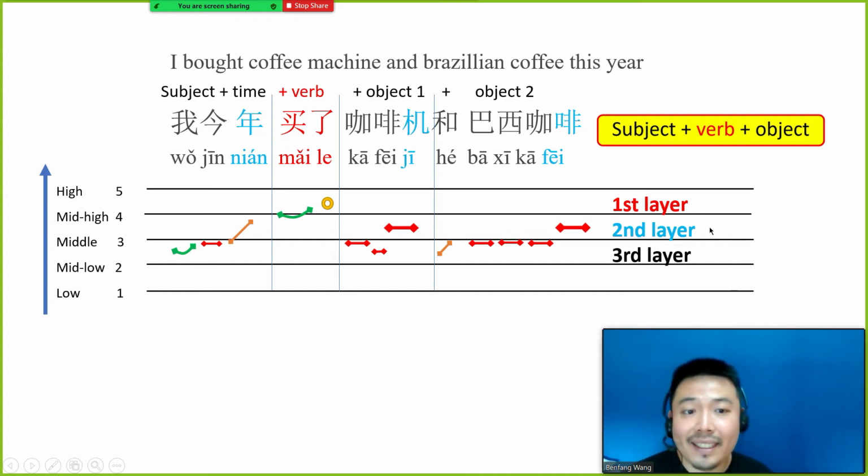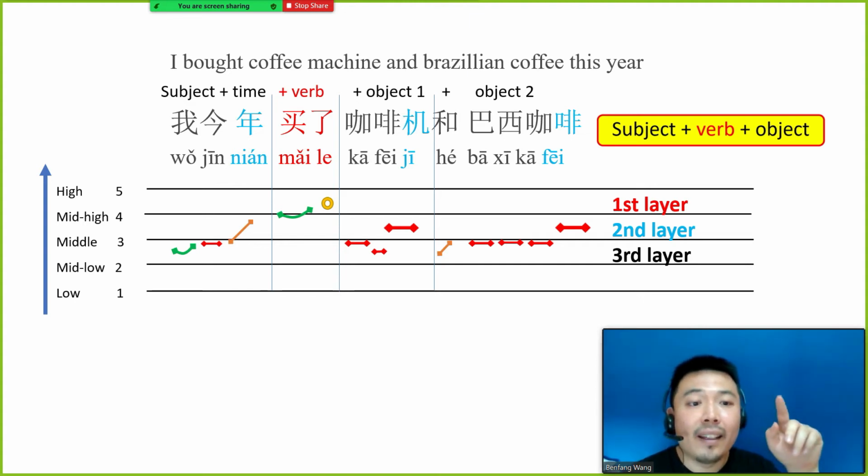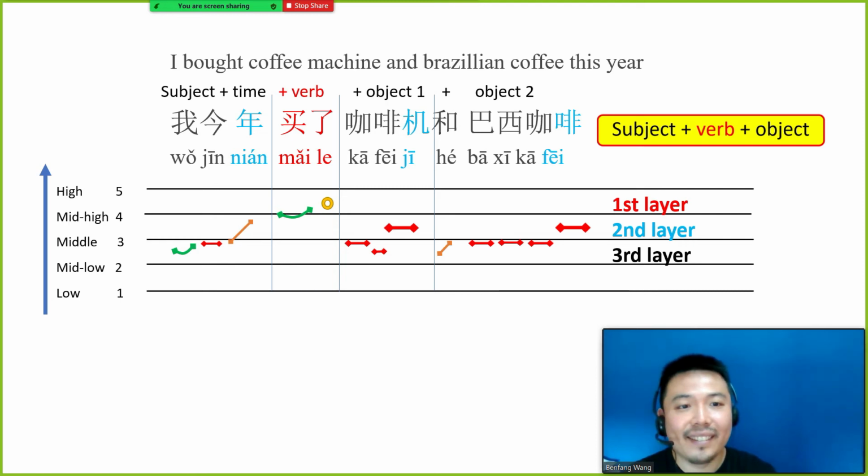They fall into the second layer, and the rest of the pinyin all fall into the third layer. So the whole sentence will sound like 我今年买了咖啡机和巴西咖啡。我今年买了咖啡机和巴西咖啡。Very good.